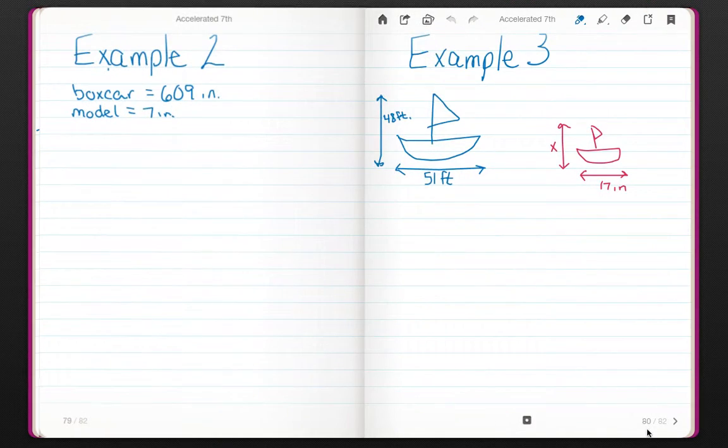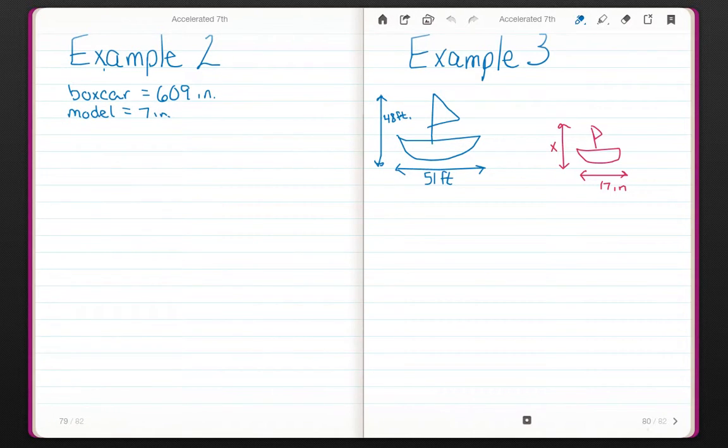Okay, example 2. Moving on to page 214. In the picture, there's a model of a boxcar, and that model is 7 inches long. It represents the actual boxcar, which is 609 inches long.